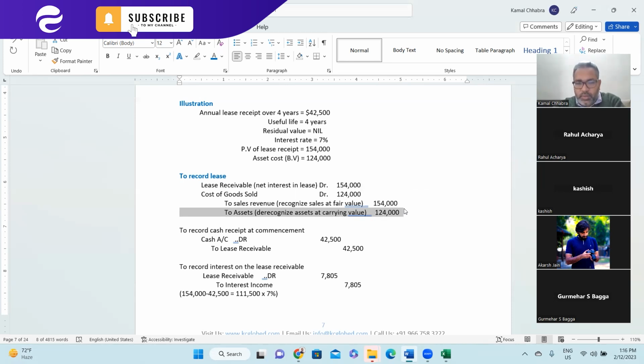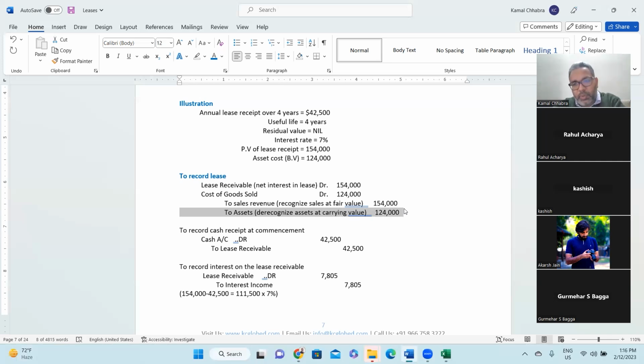So cost of goods sold account debit to the asset which you have given on lease at the book value, which is 124,000. So net impact of this entry is 30,000 gross profit in your income statement. And you have lease receivable 154,000 and you have revenue of 154,000, right?